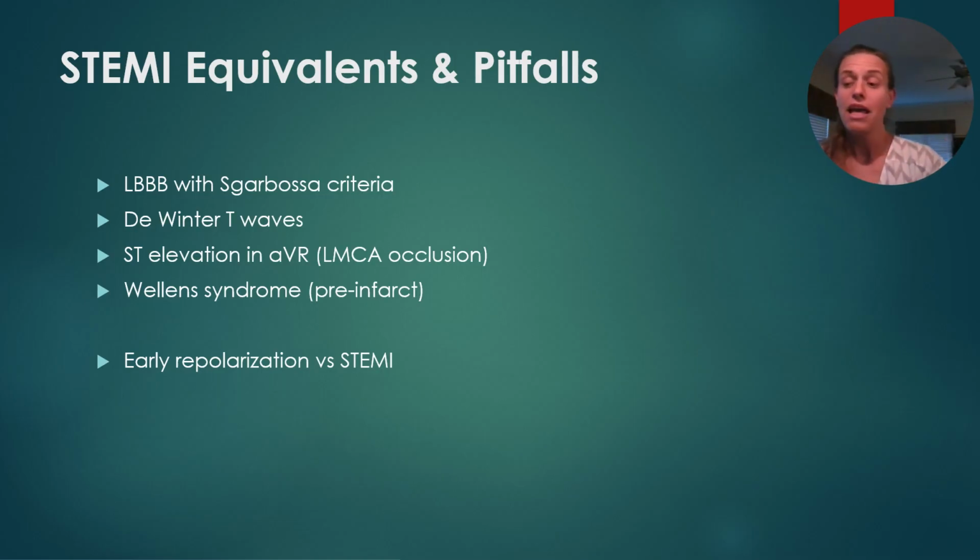That's not their complaint. But you put them on the monitor and you still see these T-wave inversions. Now, this could very well be indicating critical LAD stenosis, or what they call the widowmaker. So without intervention, these patients may very well progress to a massive anterior MI.